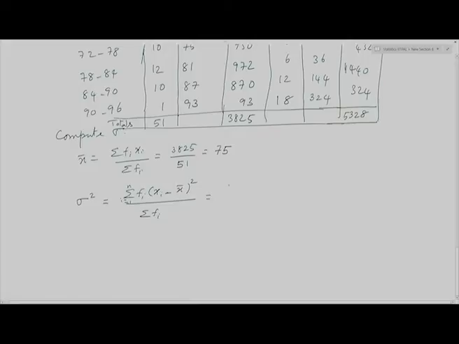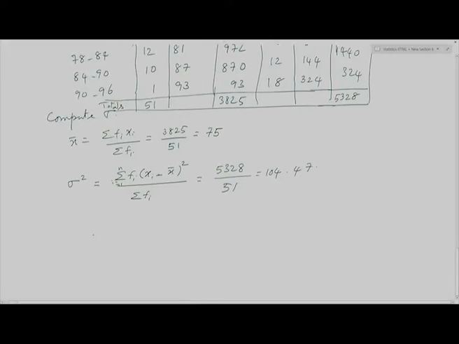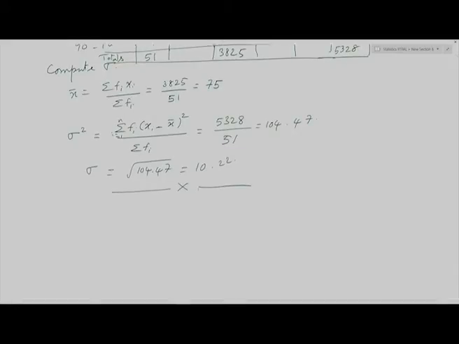The numerator is 5328 and the denominator, we already know, is 51, and the value is 104.47. This is how we compute the variance for grouped data. Now I can take the positive square root of this variance, and we get the standard deviation, which in this case is 10.22. Next, we take one large sample.